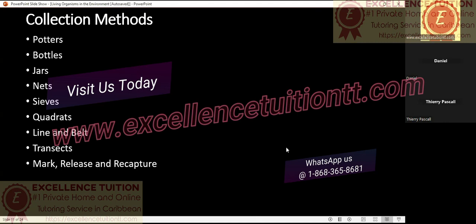You have sieves. Did you ever sift flour before? A sieve works in the same way. It's a big square, just like a sifter used for flour, and you take a sample of dirt or sand. This works really well if you're trying to study organisms on the beach. You could take wet sand or dry sand, toss it in the sieve and shake it, and it will sift out the sand, and whatever little organisms there are will remain.